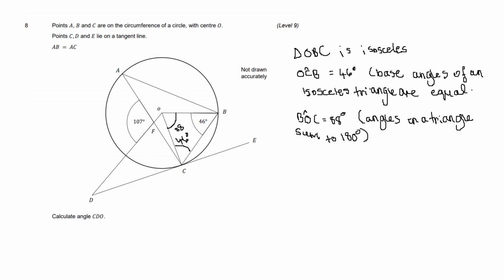Right, so we can then say that angle CAB is going to be 44 degrees. So now we're getting into our circle theorems. So CAB, that will be that 88 degrees, BOC, divided by 2 equals 44 degrees. And that is because the angle at the circumference is half the angle at the centre.